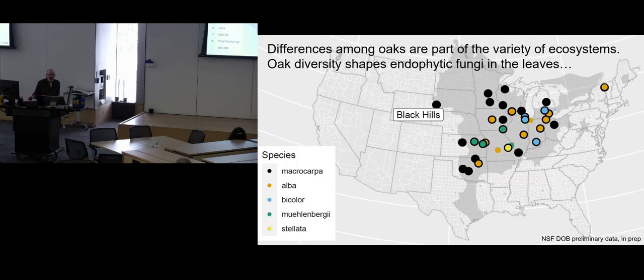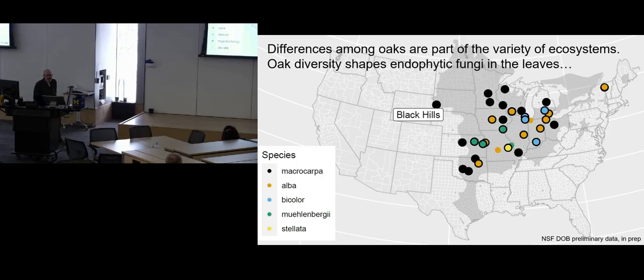differences among oaks influence endophytic fungi in the leaves. So this is some of the preliminary data that we generated for the grant. Each of these dots is a sampling location of one tree that we sampled from on the landscape for endophytes, the fungi within the leaves. And you can see what species we sampled.